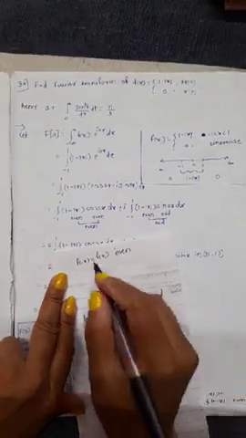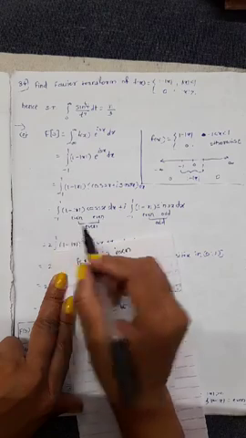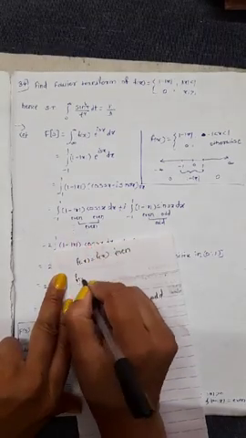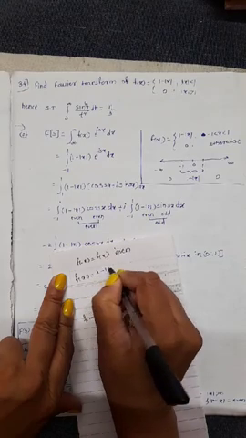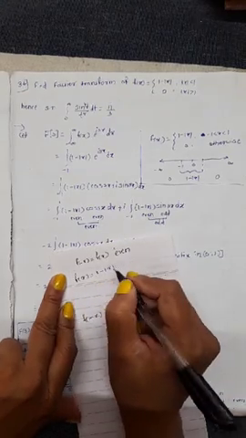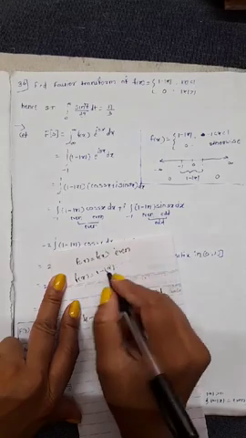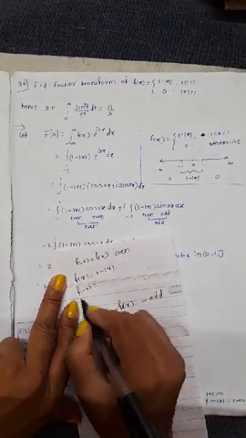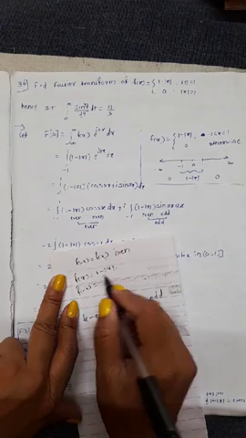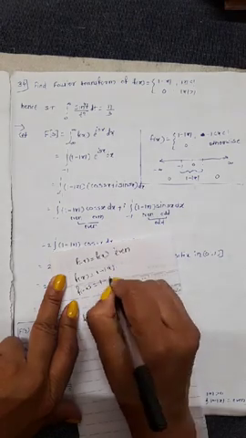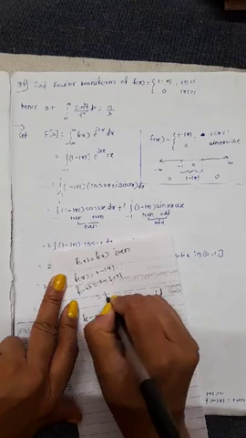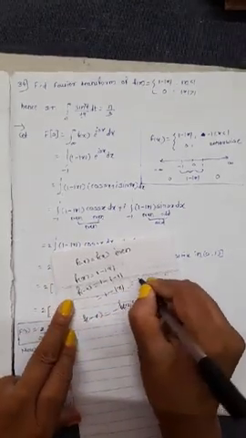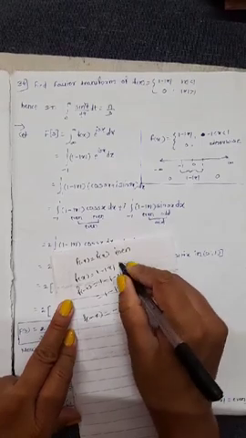Now here, 1 minus mod x: if you replace x by minus x, suppose f(x) is equal to 1 minus mod x. If you put minus x instead of x everywhere in f(x), we get 1 minus mod of minus x, and we know mod of minus x is plus mod x, and this is the original function f(x).